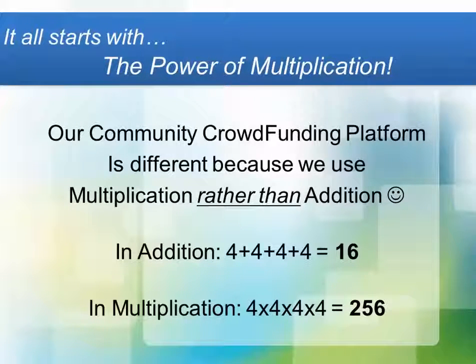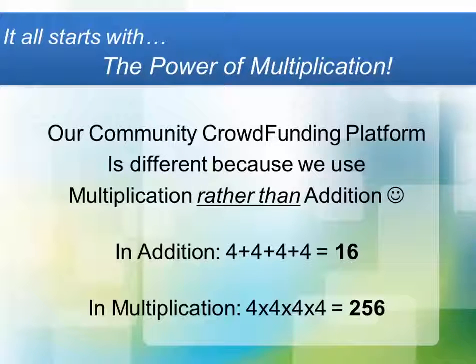Now, in multiplication with our community crowdfunding platform, you're looking for 4 other project managers who would like to fund their projects, who find 4, who find 4 other project managers, who find 4, and now because of multiplication, you have a potential of 256 people in your crowdfunding community. Because of our formulation, which you're going to see, and people stepping up and sharing contributions, you can potentially receive donations from all 256 members of that community.